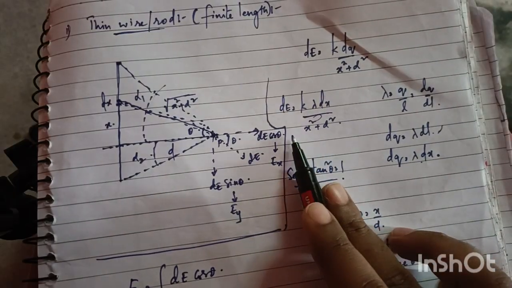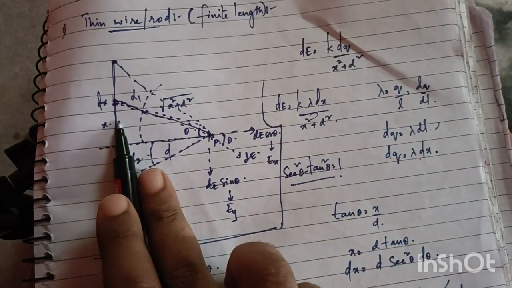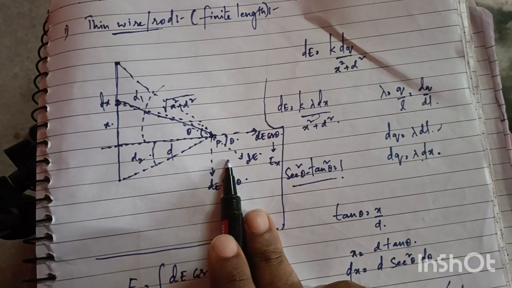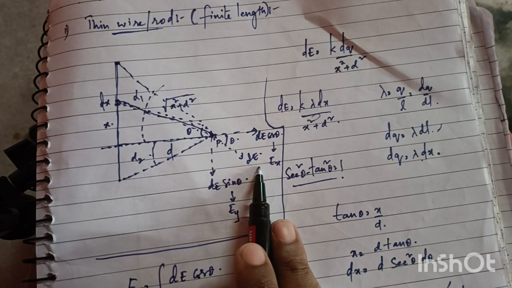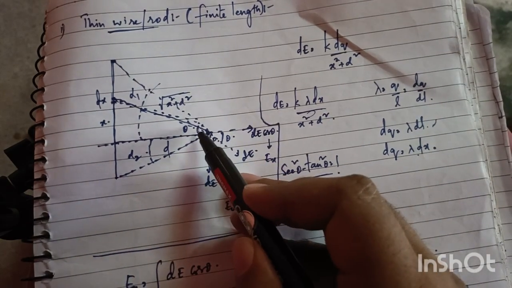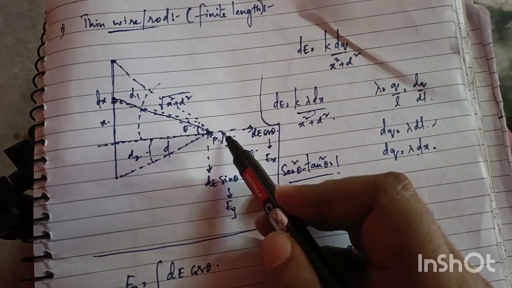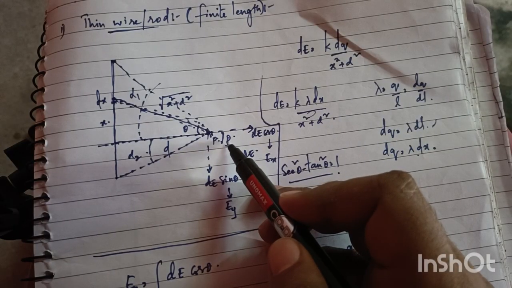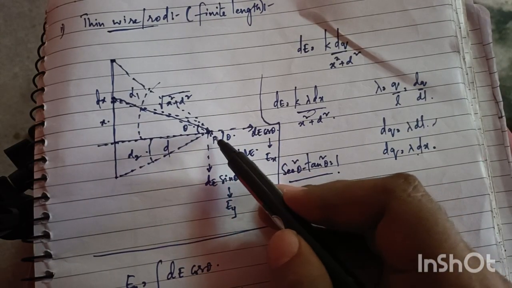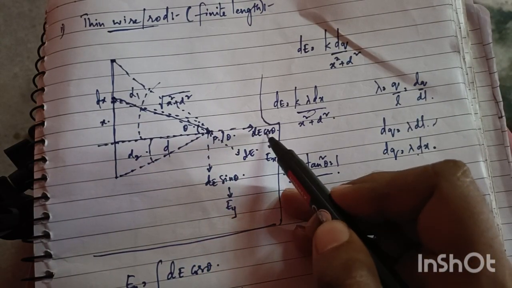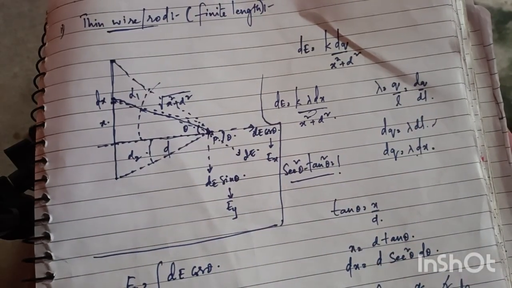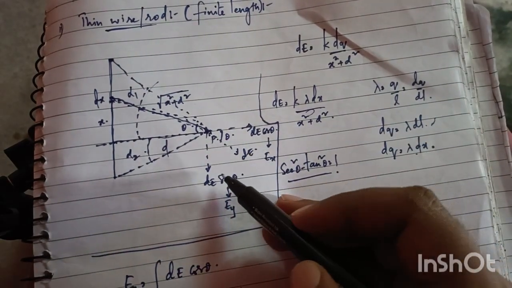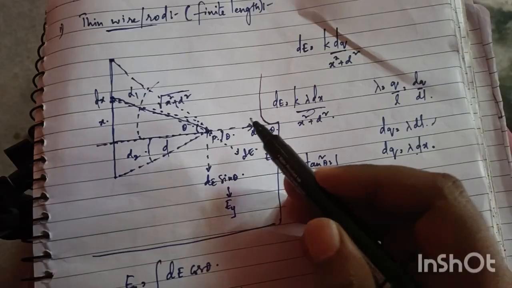So this is the small electric field due to this small element at this point, in this direction. If I consider this angle to be theta, the same angle appears here, theta, and if I resolve it into components, this would be dE cos theta, and the other perpendicular component is dE sin theta.